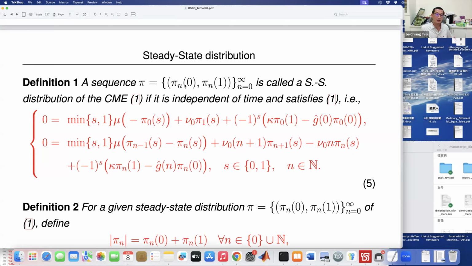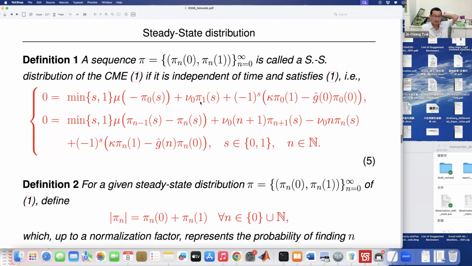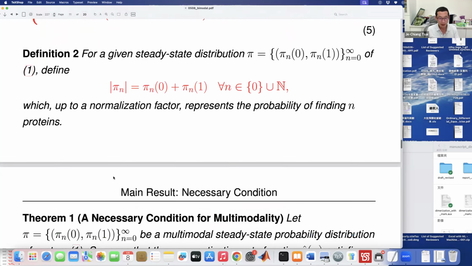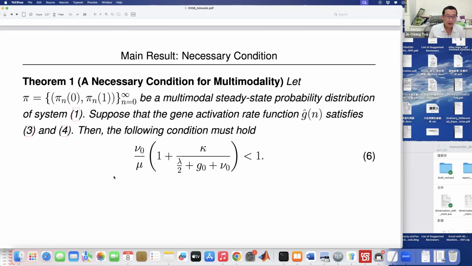So this is the probability for the protein number to be equal to n and the DNA to be in the off state, and this one corresponds to the protein number equal to n and the DNA in the on state. This second definition gives the magnitude of the probability of finding n proteins. So here is our result.